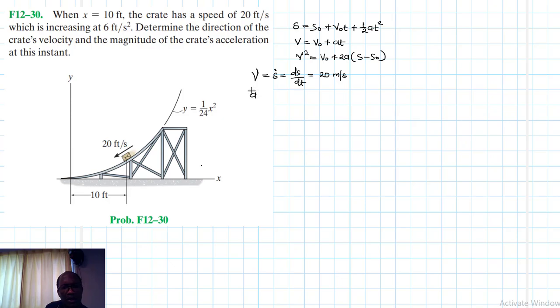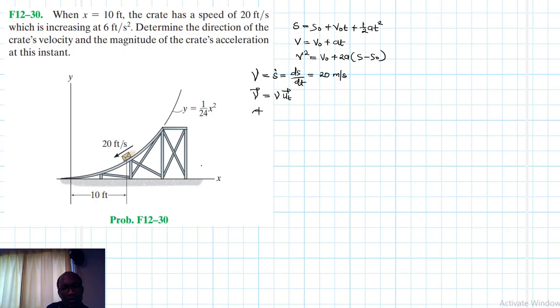If we express velocity as a vector, this is equal to v u_t, which is a unit vector along the tangential direction, which is this one there. This is n, this is t.